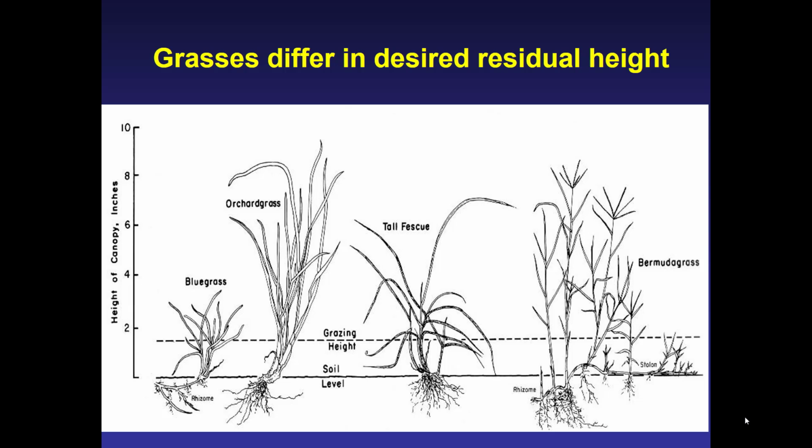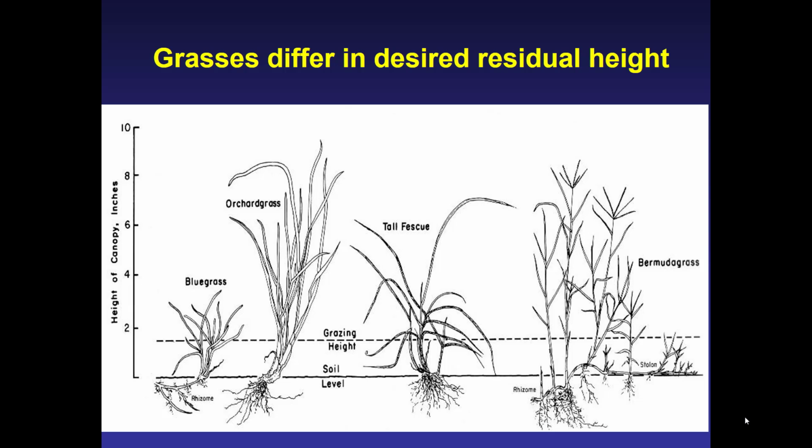This is a graphic we'll use quite often to compare the 4 major types of grasses, at least low-growing type grasses, and their residual height. From left to right, bluegrass, orchard grass, tall fescue, and Bermuda grass. The dashed line is not the optimum grazing height for any one species, but you can see that that grazing height there at that dashed line is below 2 inches.